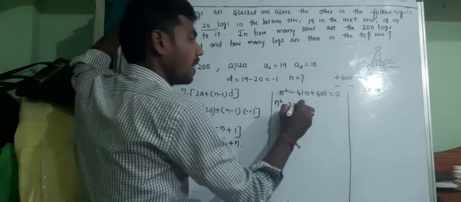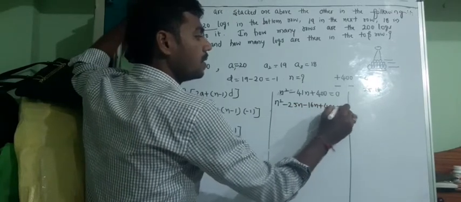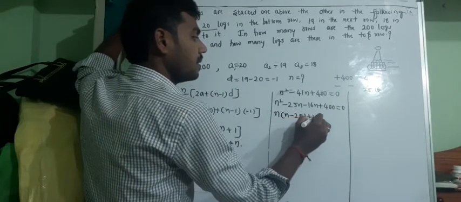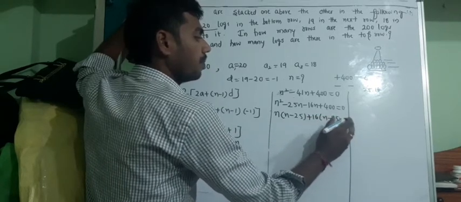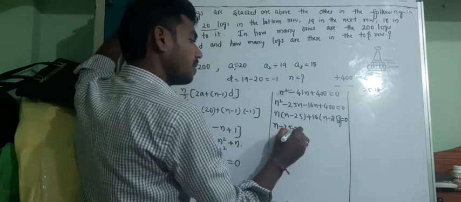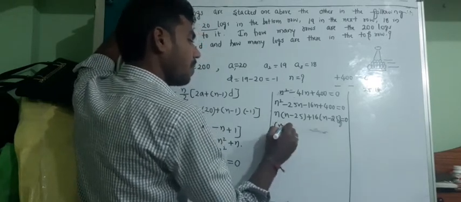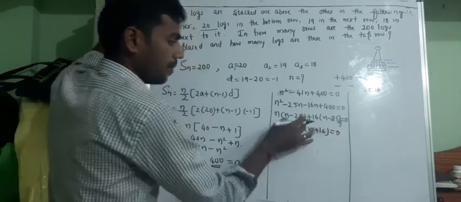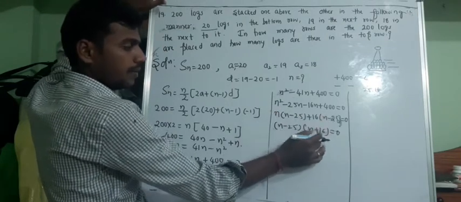Minus 25n minus 16n plus 400 is equal to 0. n is common, n minus 25 plus 16 is common, n minus 25 is equal to 0. Or else I will write one more step: n minus 25, n plus 16 is equal to 0. n minus 25 is common, n left, here 16 left, plus 16.